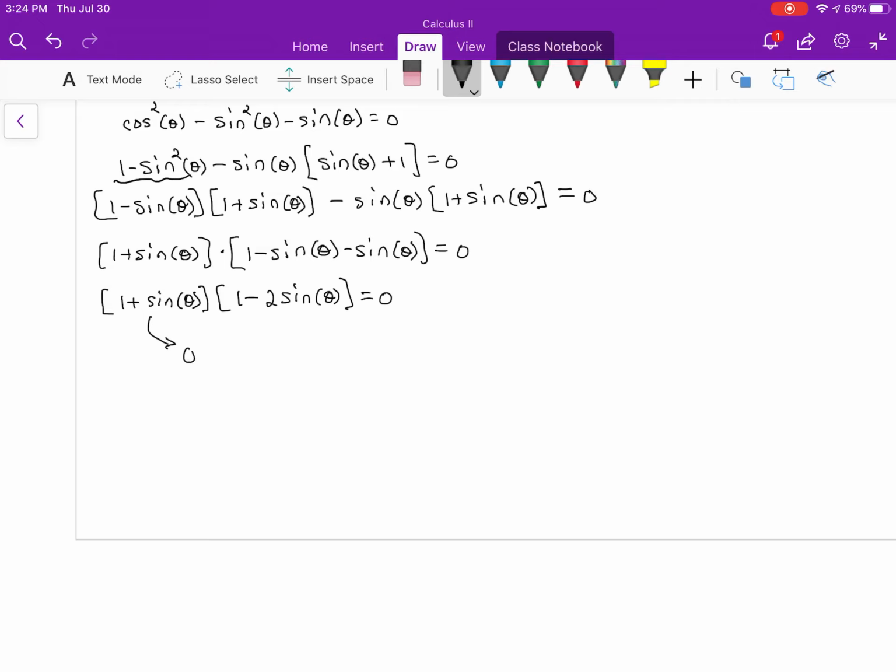And so this term here is going to be 0. We're looking for what theta is sine of theta equal to negative 1, or arcsine of negative 1. And that's going to be at 3 pi over 2.